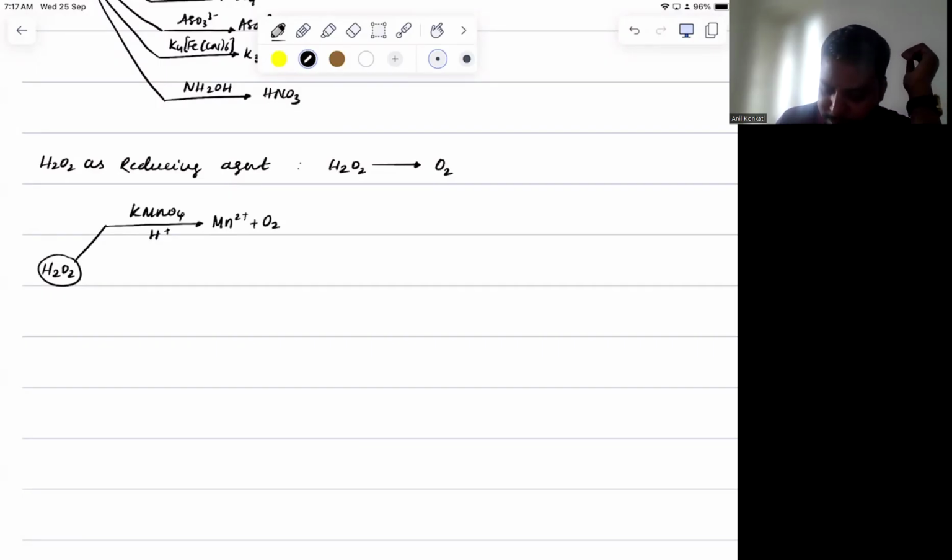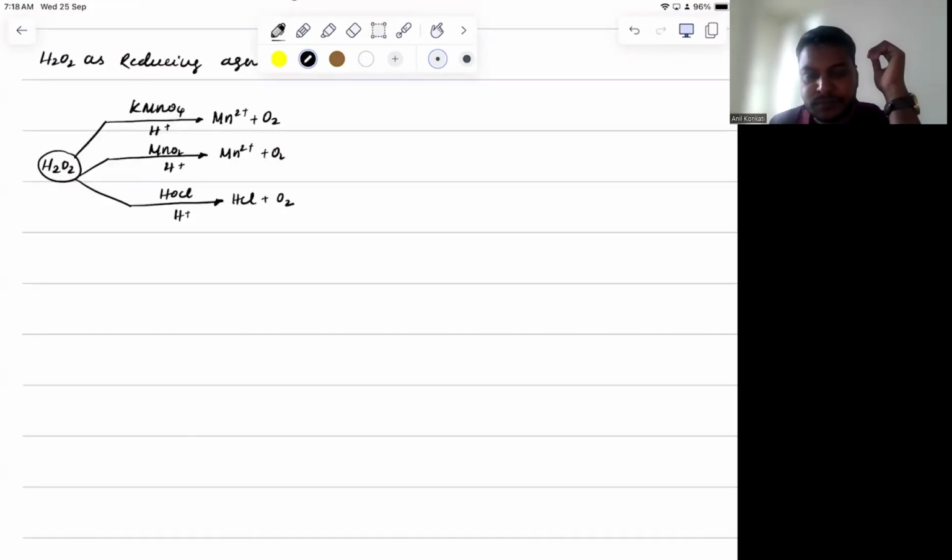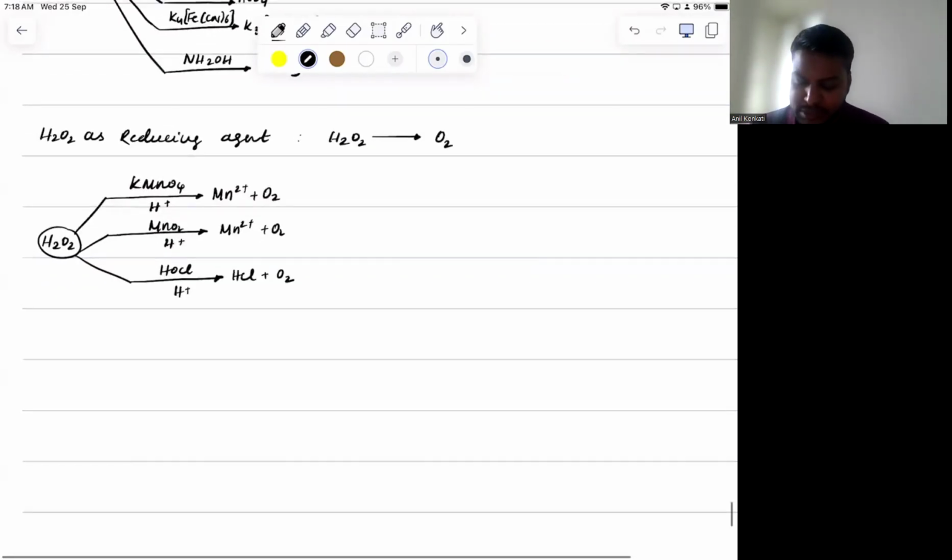Got it? Now, same way if you treat with MnO2 in acidic medium, it will convert into Mn plus 2 plus O2. If you have HOCl in acidic medium, it will convert into HCl plus O2. Got it? In all of these cases, it is acting like a reducing agent.